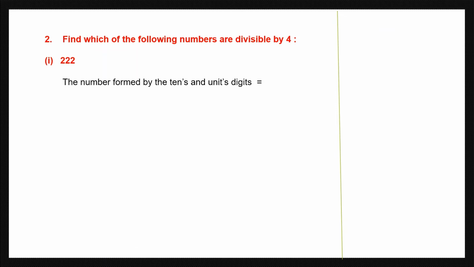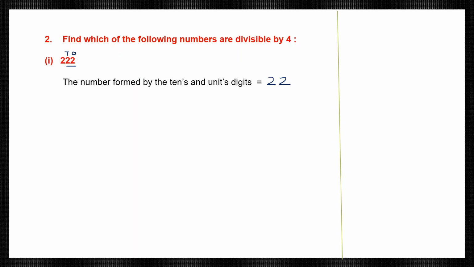The number that is formed by the tens and the units digits, that means 22. 22 is the number that's formed by the tens and the units digit. This is the units or the ones place and this is the tens place. So when we take those two numbers, our number that we get is 22.